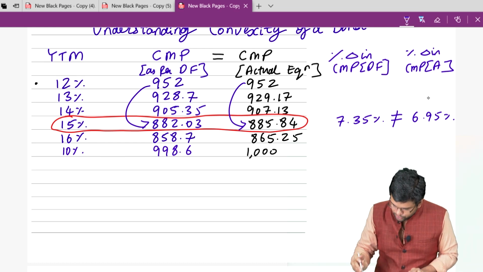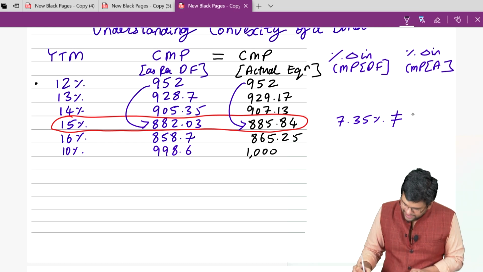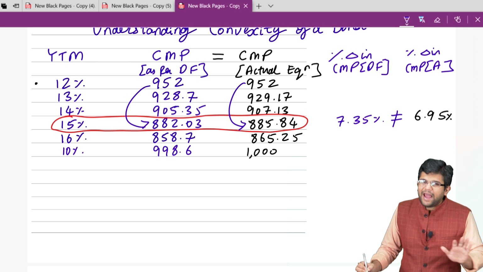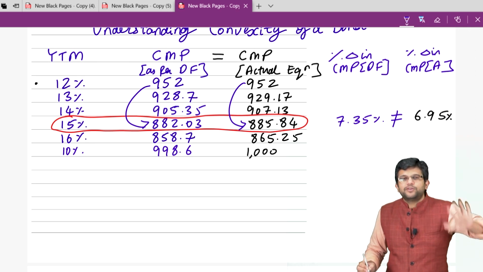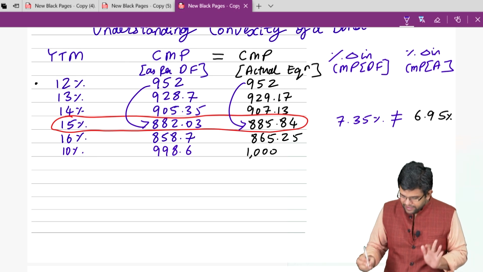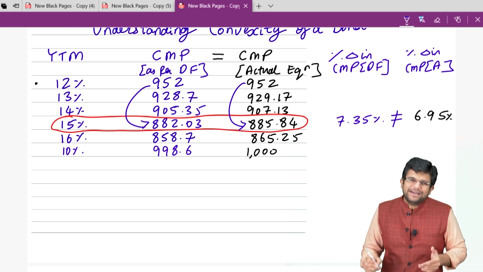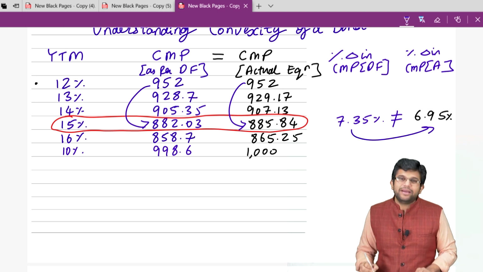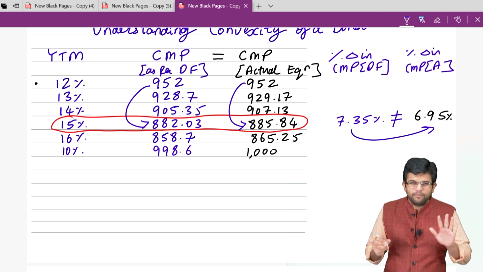So in fact, just to make things more clear for you, I'll write this 6.95% in black ink. Everyone now understands. Okay, so moving on, as per the derivative, the drop should have been 7.35%, as per actual, it is 6.95. Now children, convexity will now help you bridge this gap. Everybody clear? Convexity will now help you bridge this gap.